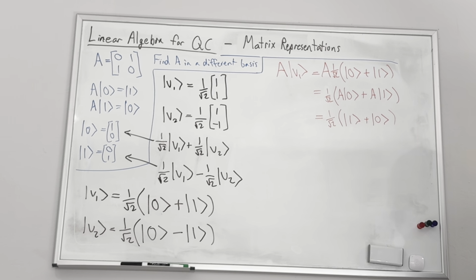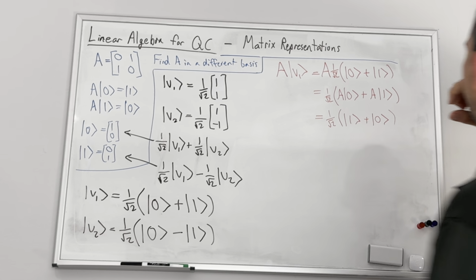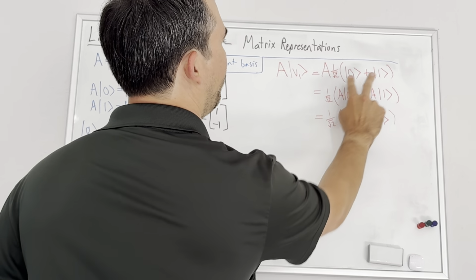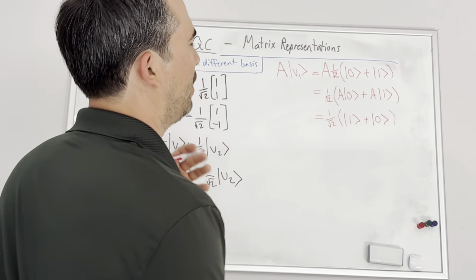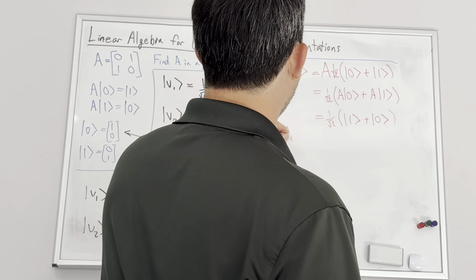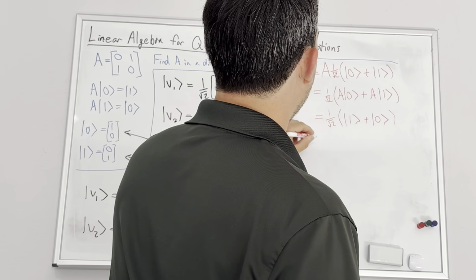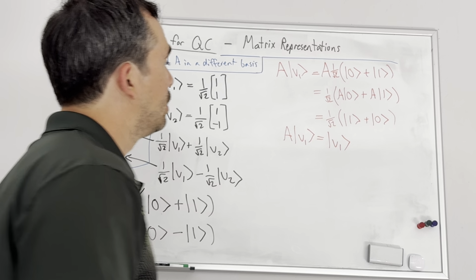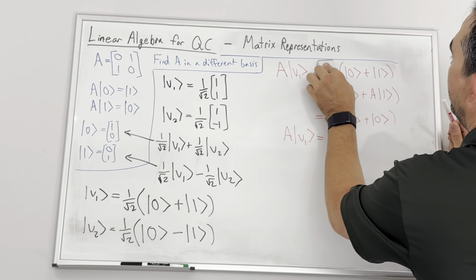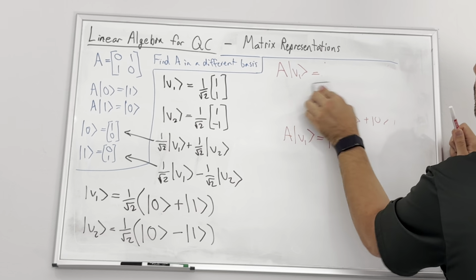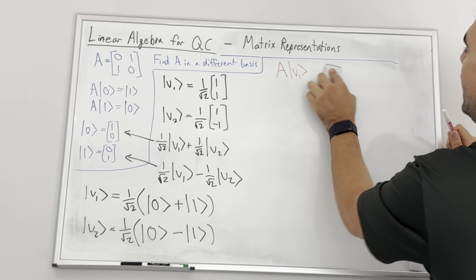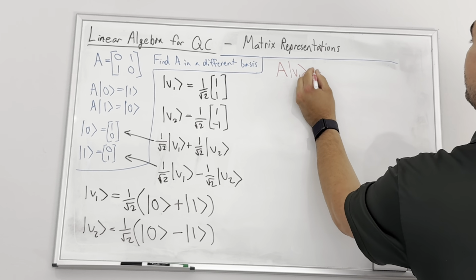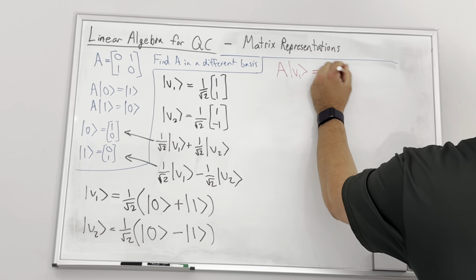That's cool, but that's really the same thing as that, right? Maybe the order is reversed, but addition is commutative, so that doesn't matter. So what we just found is that A applied to V1 gives us V1 right back. In fact, let's make that explicit up here. If I apply A to vector V1, I get V1 right back.